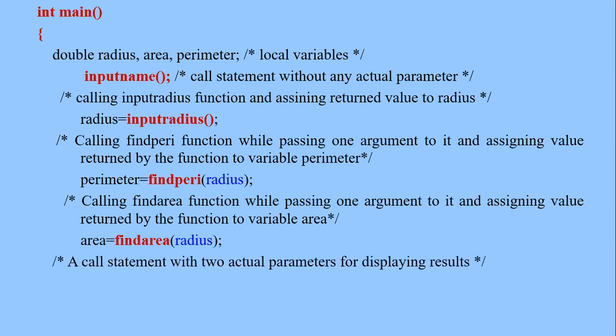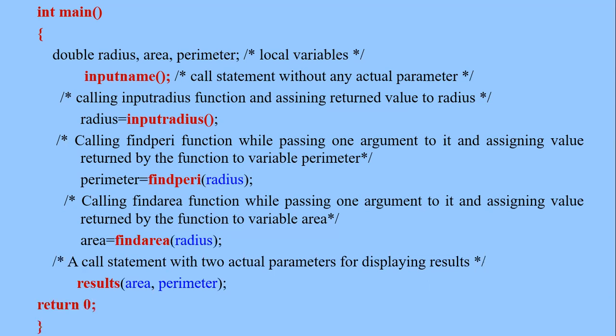Next is a call statement for a void function called results. So the processor will pick the content of memory location called area and the content of memory location called perimeter. Carry the two in that order.